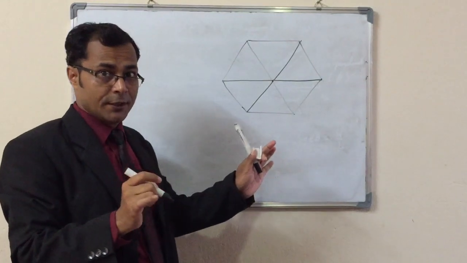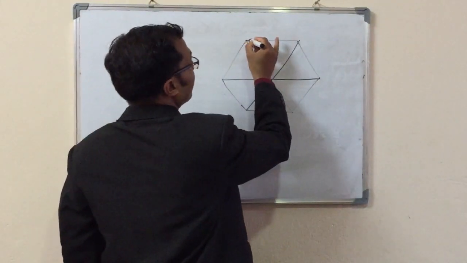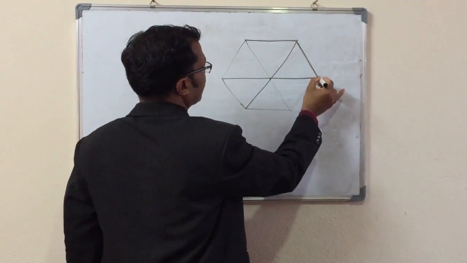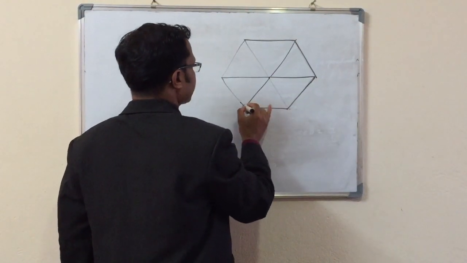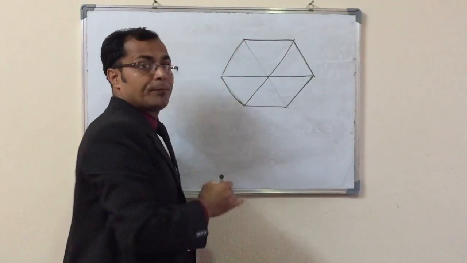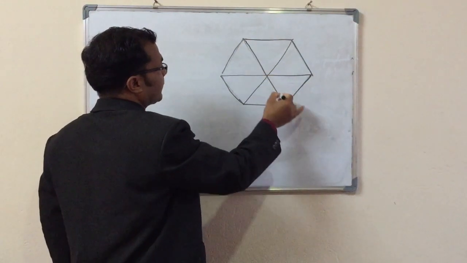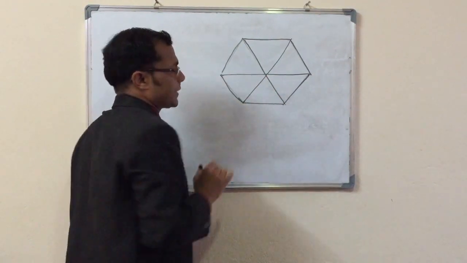You know a hexagon, right? There are 6 sides. Let's join the opposite ends and draw the diagonals.